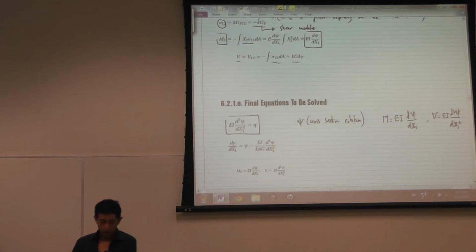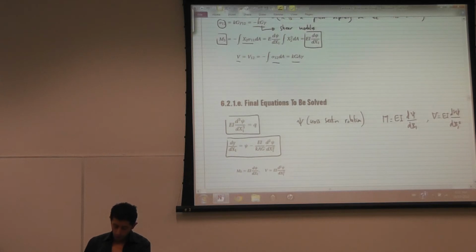And to find the deflection y, we have to solve another differential equation, which is dy by dx1 equal to psi minus gamma, because we said that psi is equal to theta plus gamma.